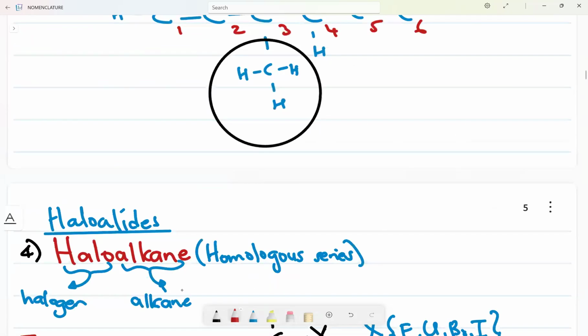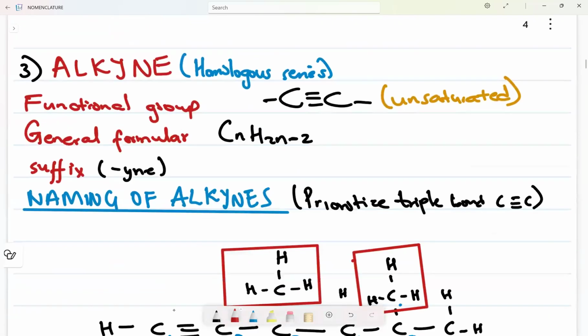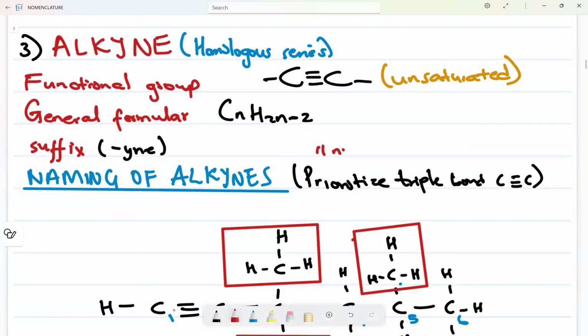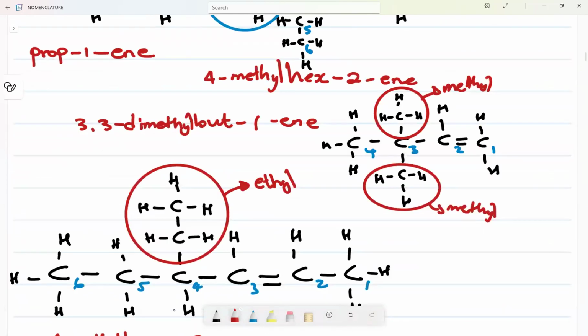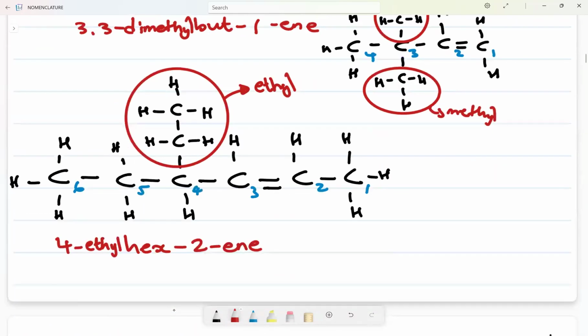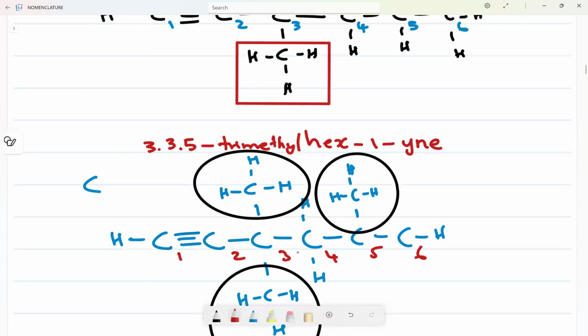Actually, for all of these, I start numbering from prop. Okay, I start numbering from prop for all of them. Please take note of that in your notes.